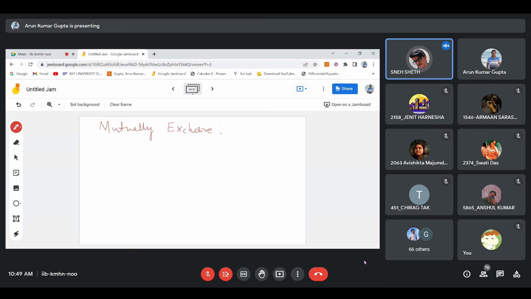Let A1, A2, A3 till AN be the events such that A1 intersection A2 intersection A3 till AN is equal to phi, and also A1 union A2 union A3 till union AN is equal to the sample space. Then these events are called mutually exclusive and exhaustive events.